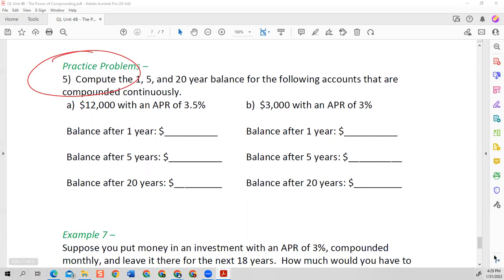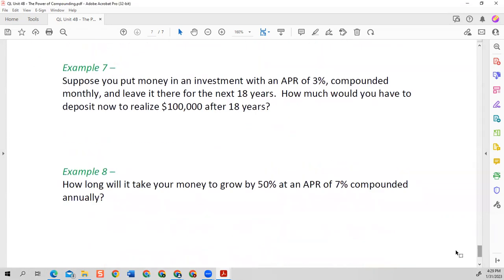Okay, let's do 7. Suppose you put money in an investment with an APR of 3% compounded monthly and leave it there for the next 18 years. How much would you have to deposit now to realize 100,000 after 18 years? Okay, so our end goal is the 100,000.